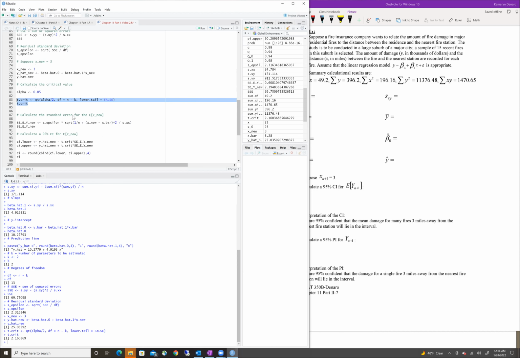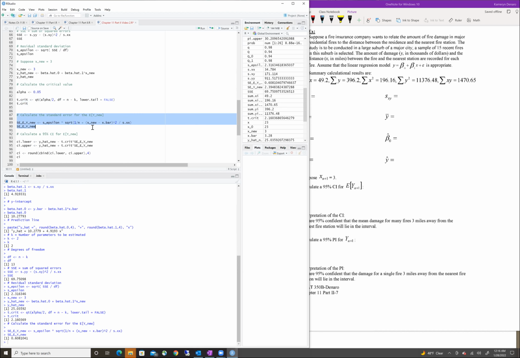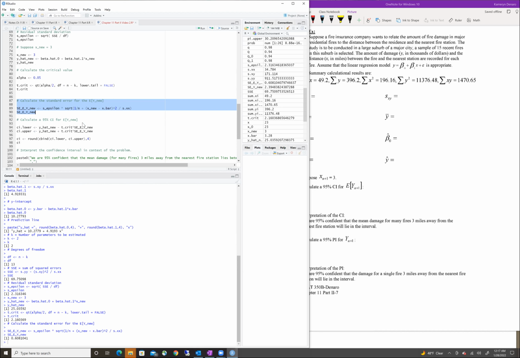We can calculate the standard error for the mean fire damage of many fires that were 3 miles away by using the formula in our notes. So our standard error is 0.6081. From there, we can calculate our confidence interval.